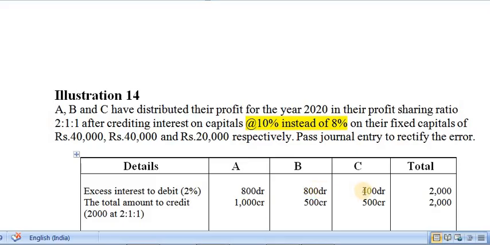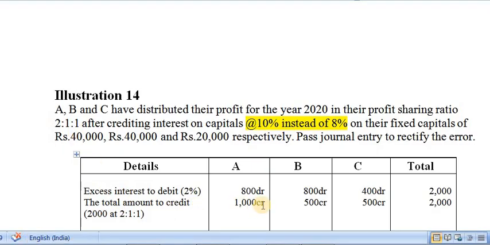A got 800 more, B got 800 more, and C got 400 more than what was supposed to be given. And we take it back, debit them, and we give it back, credit them. When you give it back, we give in the profit sharing ratio. Profit sharing ratio is 2:1:1.